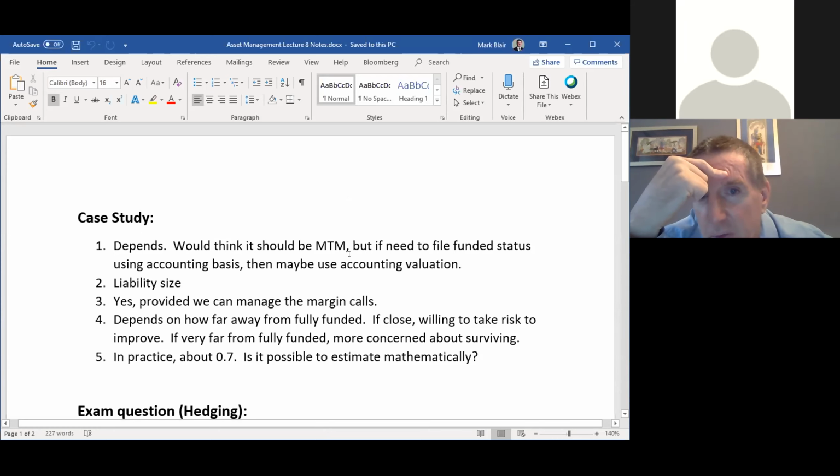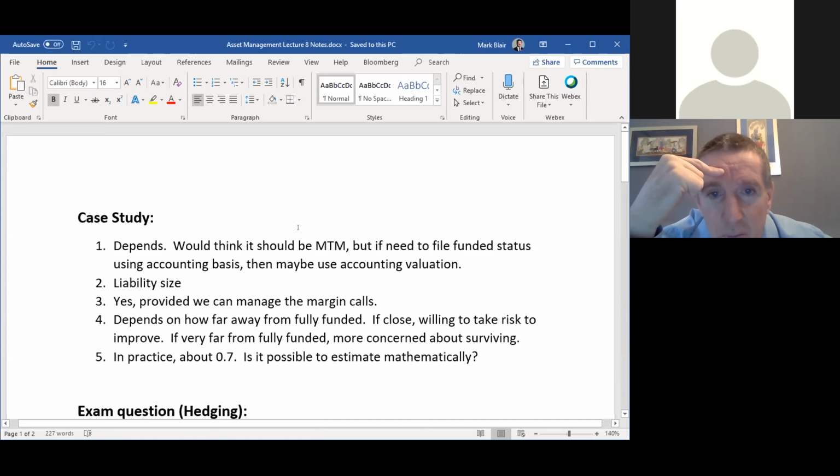But the reality is actually it depends, because the accounting valuation is important, because typically that's what you'll officially report. So let's say you hedged the full amount. If you hedge based on the mark-to-market valuation, you may end up over hedging.